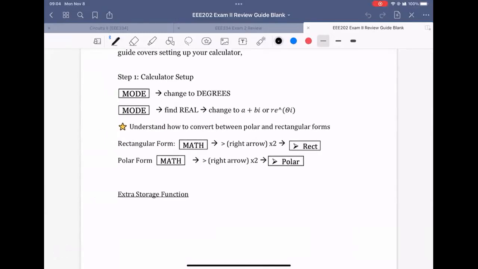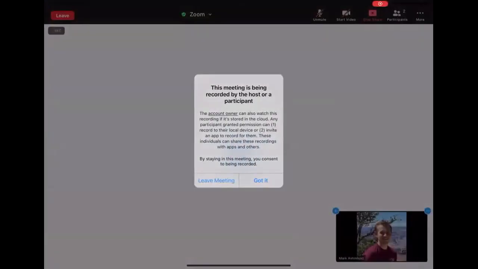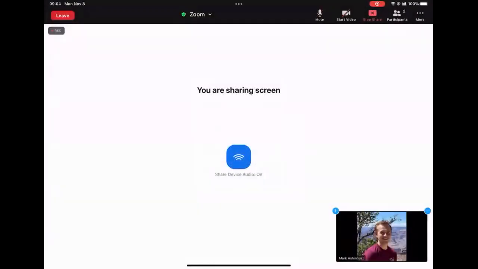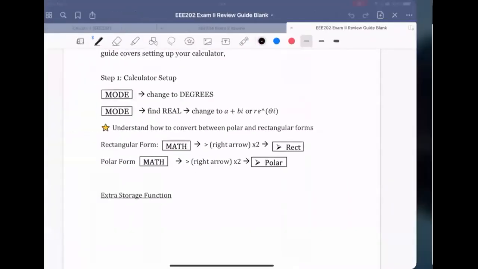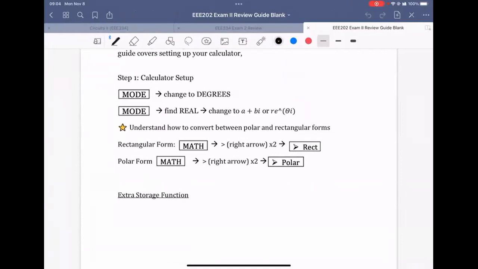You can use real, or you can use the angular form. I prefer to use real.